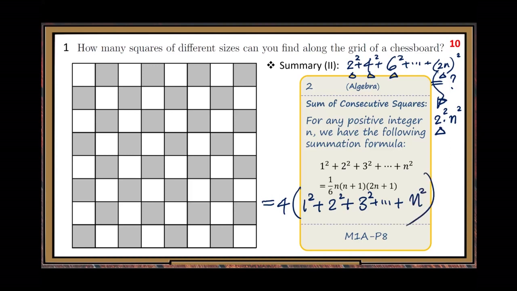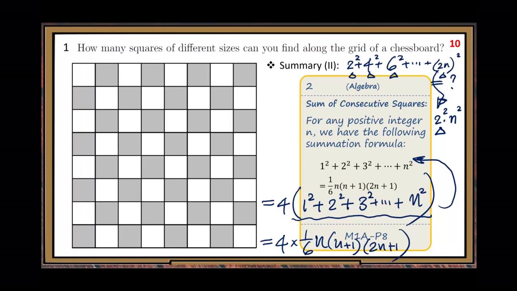Now inside the parentheses, it has the same form as the given sum of n consecutive squares of integers. So now we can apply the formula directly. It equals 4 times 1/6 times n times n plus 1 times 2n plus 1.